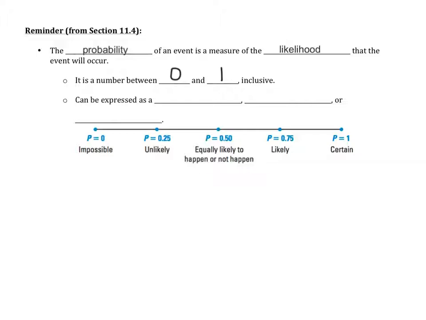And it can be expressed as a fraction, a decimal, or a percent. And just remember that if you have a probability of 0, that means that that event has an impossible outcome. You could have a 50% likelihood, which means it's equally as likely to happen or not happen. And if you have a 100% outcome, then you know absolutely that that event will be certain to occur.